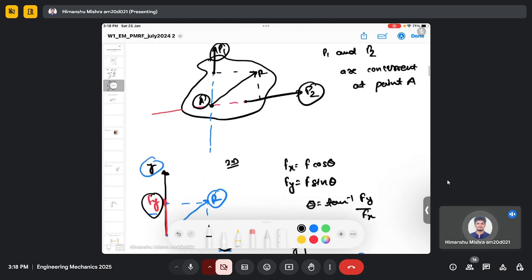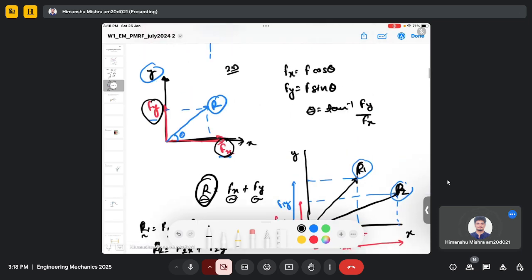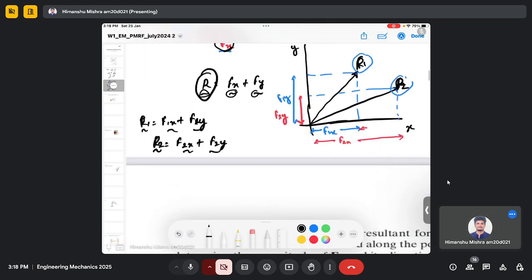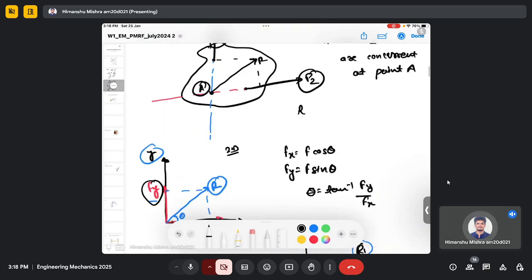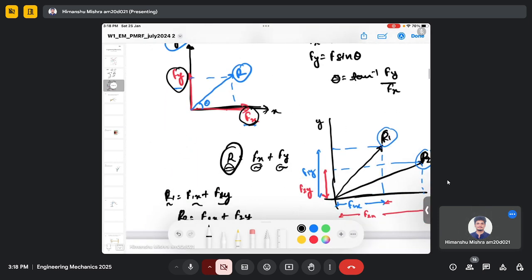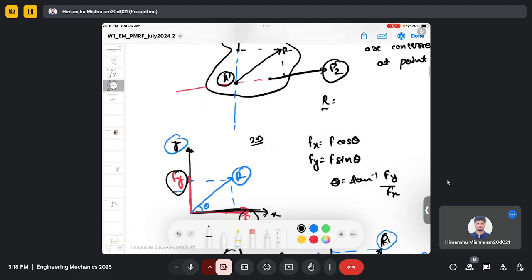We will mostly be denoting the resultant forces by R, so just not to create confusion, it will be R1 and R2. So from this analysis, we can estimate the resultant forces in the x direction.